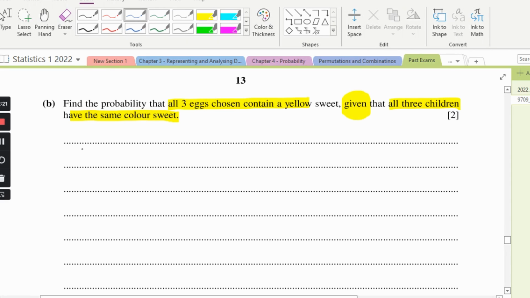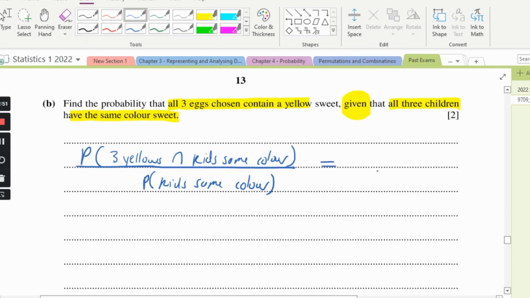So what we're doing here is we're trying to find the probability of 3 yellows intersection kids same color, all over the probability of kids same color.